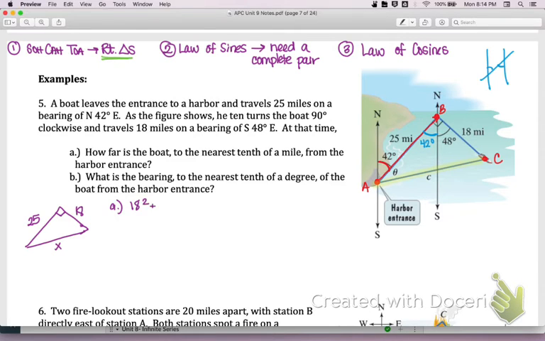So 18 squared plus 25 squared equals x squared. They said to the nearest tenth of a mile. So we want to add those together and take the square root. So we're going to get the square root of 18 squared plus 25 squared, which is 30.8 when we round to the nearest tenth of a mile. And those are our units.